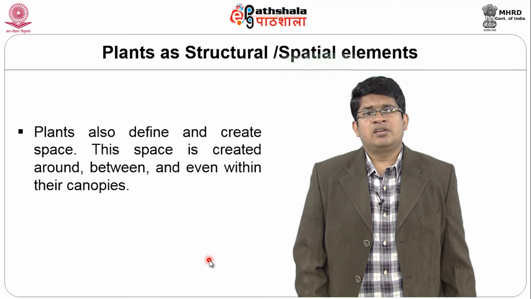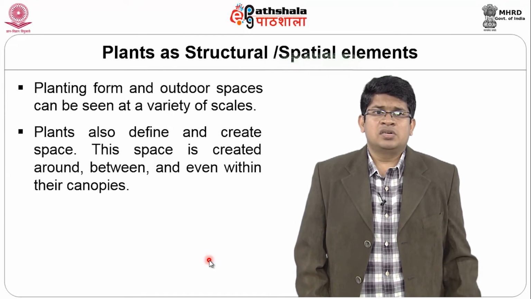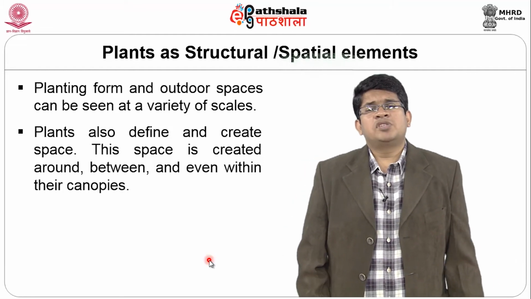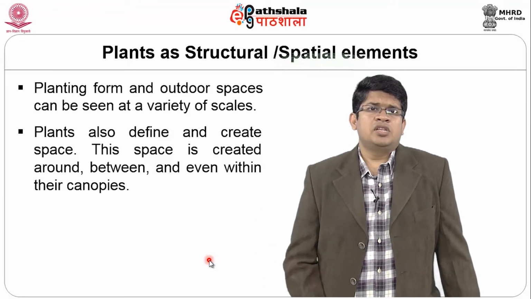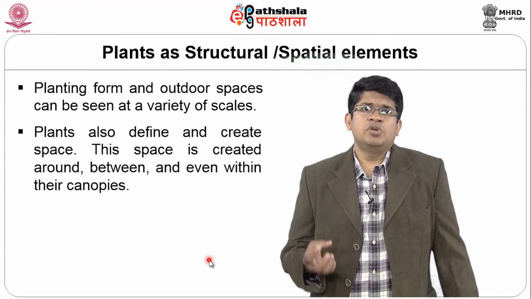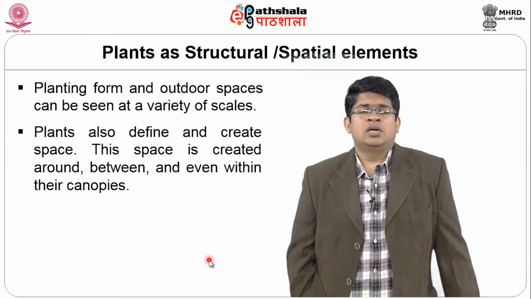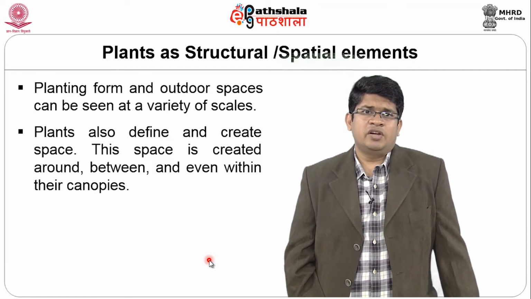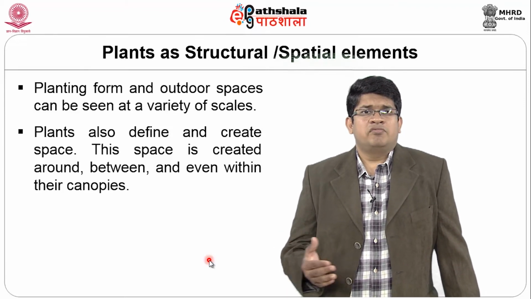Plants also define and create space. The space is created around, between, and even within their canopies. Planting form and outdoor spaces can be seen at a variety of scales. We could look at planting forms at varieties of scales, right from a huge township to a small courtyard space, and by proper use of the right kind of plant, we could create that particular structure, or the spatial character of the plant can be brought out in such a way that it performs the right function and creates the right kind of well designed, well proportioned space.